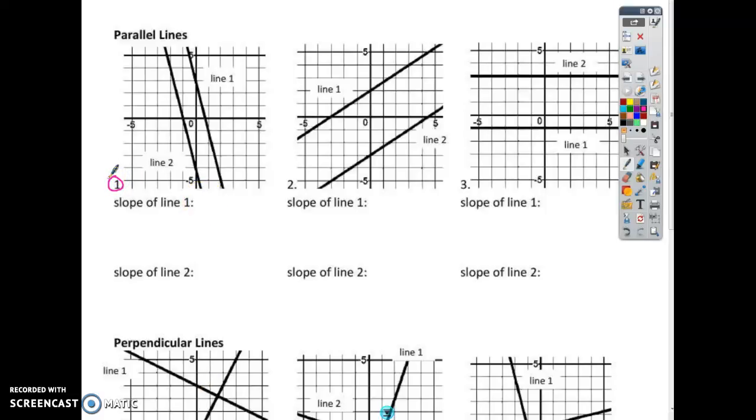We're doing the slope of line 1. This is line 1, and then the slope of line 2. So how do you find slope from a graph? You find the points, and then what do you do with those points?